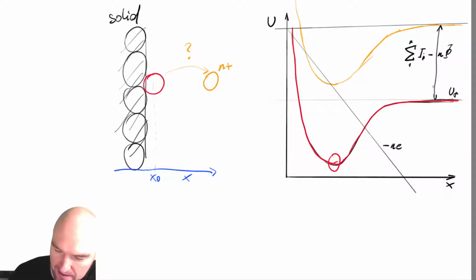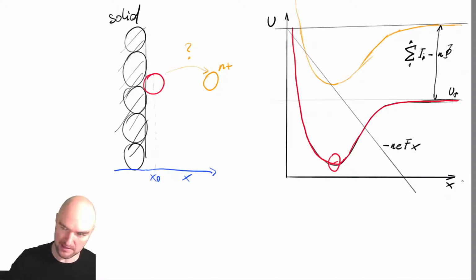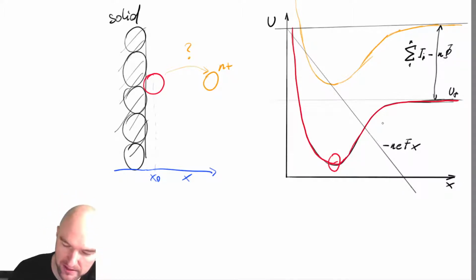So we've taken n electrons out, times the electric field F, times the coordinate x. So we've got a dependency on the distance. And the energy of my ion gets lower and lower the more work it has done in that field. So if we look at that, we can sum up this function and this function here, and we will get to an ion in the field.